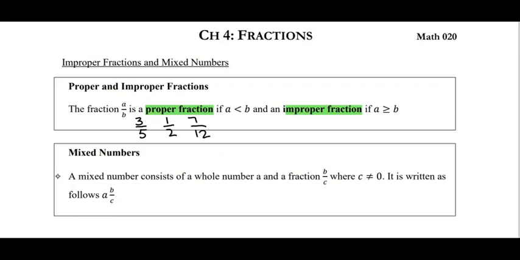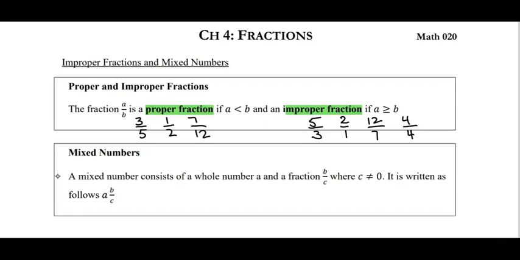Examples of improper fractions would be, let's flip our proper fractions: 5 over 3, 2 over 1, 12 over 7, and we're going to add one more because they could be equal to each other. Let's say 4 over 4. Sometimes we can have a fraction where the numerator equals the denominator. So all of those are improper fractions.